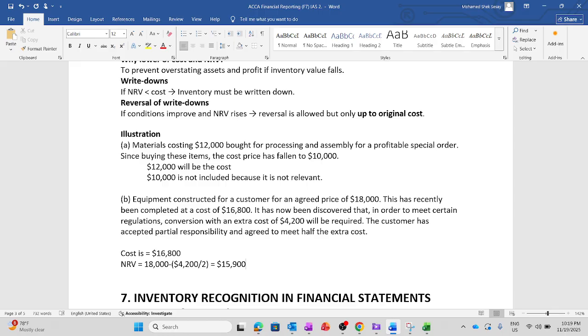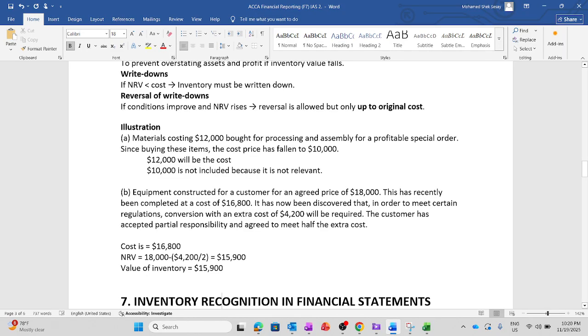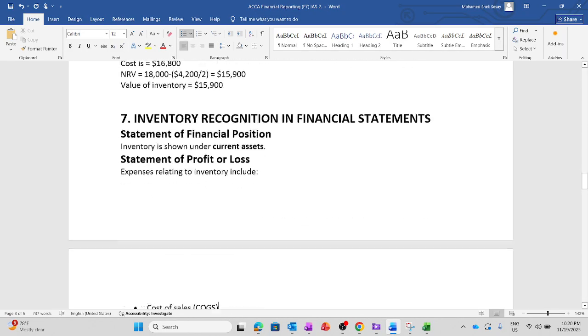So basically, we are going to use the lower of the cost or the net realizable value. So the value of inventory equals 15,900. So this is what IAS 2 is saying.